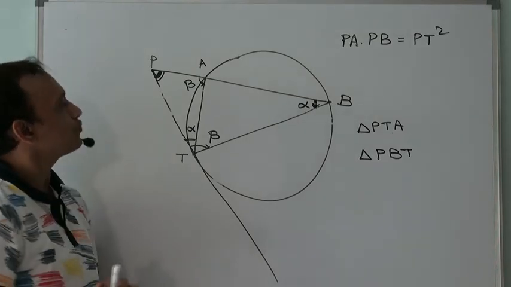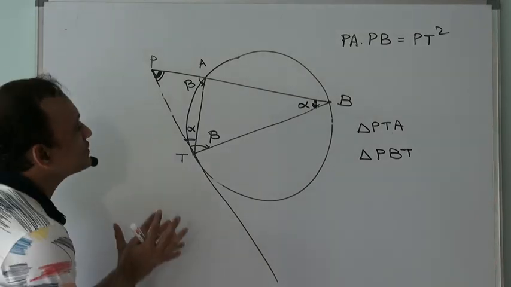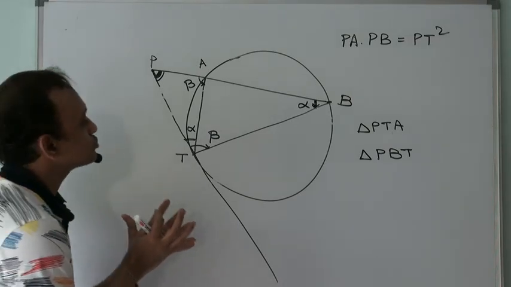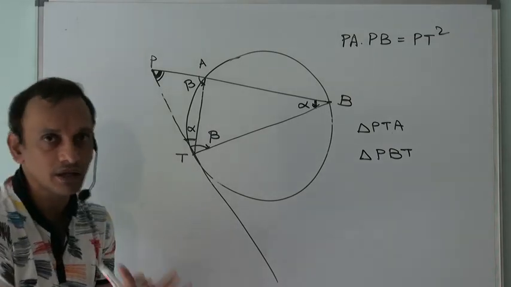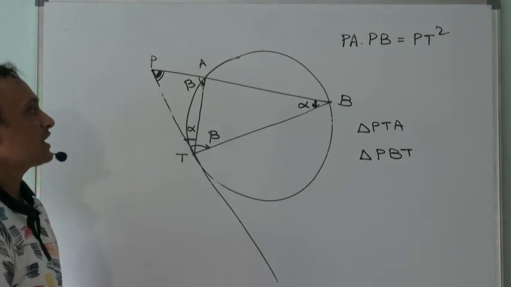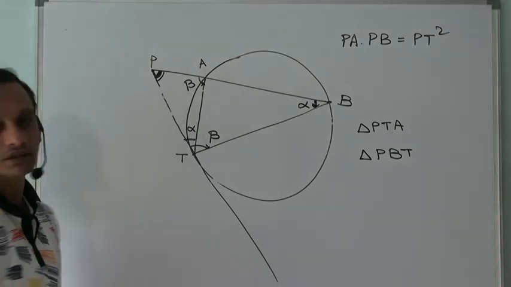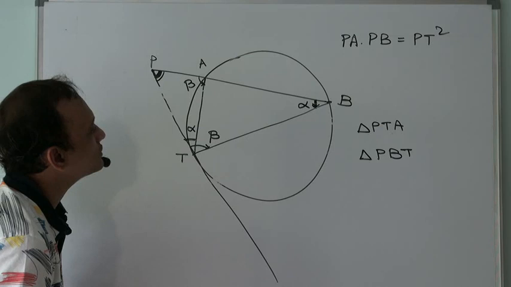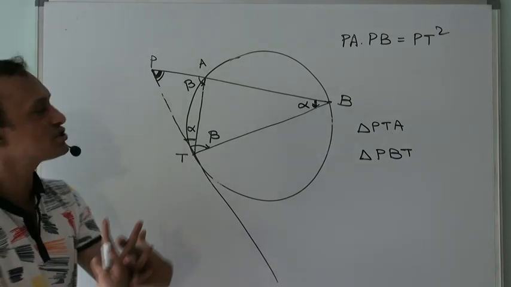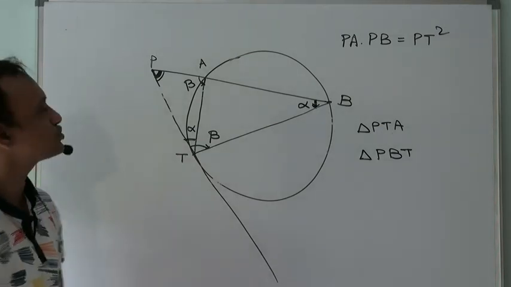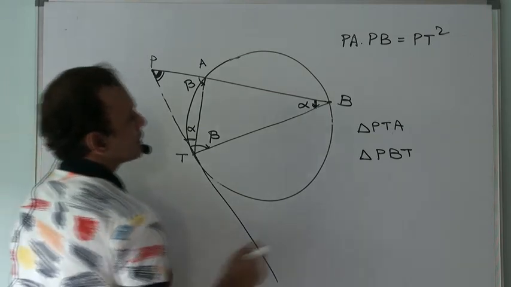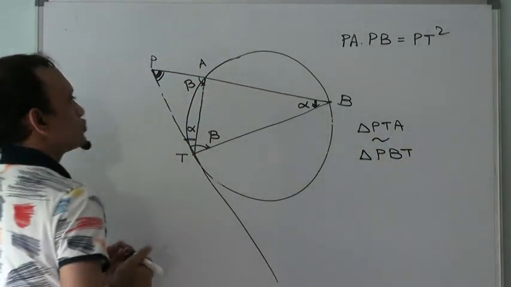Now, all that we need to do is to apply similarity of the two triangles. How do we apply similarity of the two triangles?